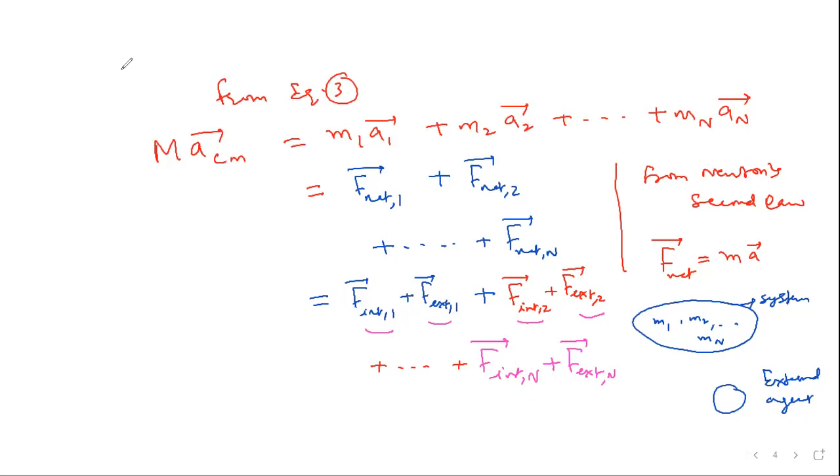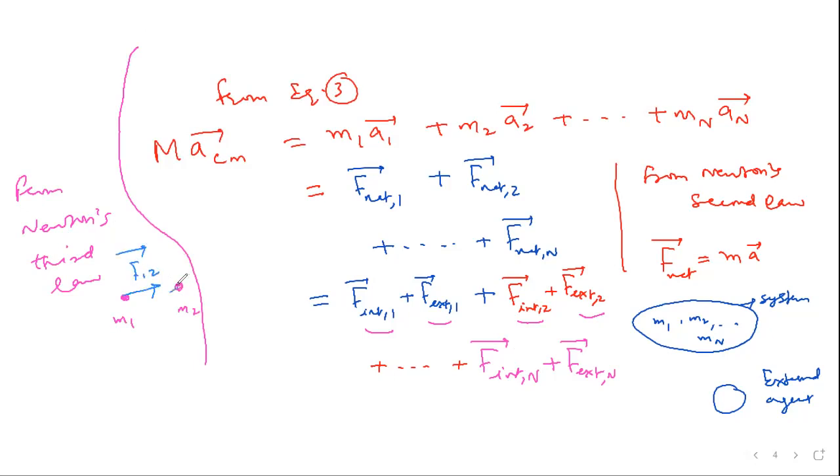Now, you know from Newton's third law, if we have two particles, M1, M2, and they exert mutual forces on each other, F12 is the force on particle 1 due to 2, and F21 is the force on particle 2 due to 1, F12 is minus times F21.